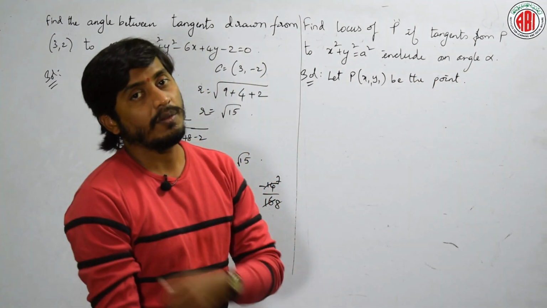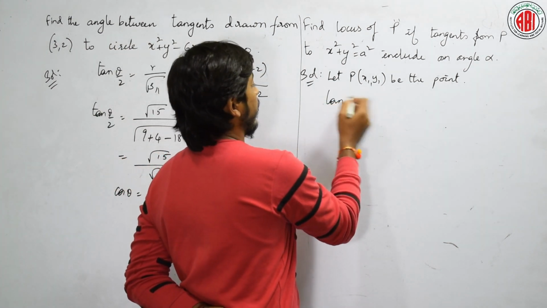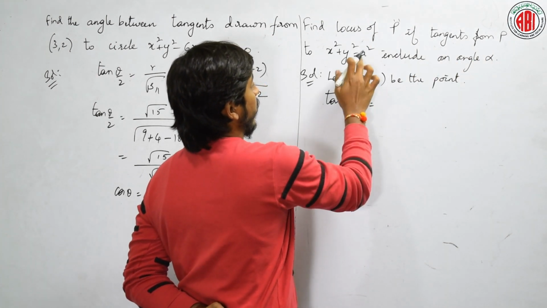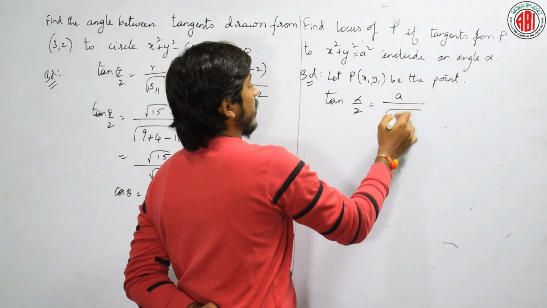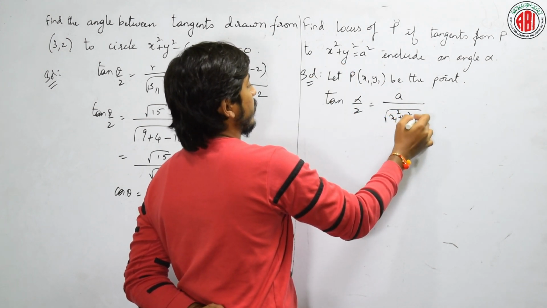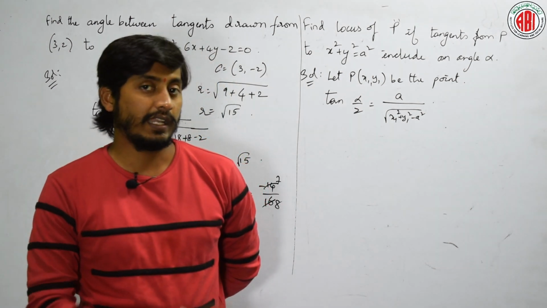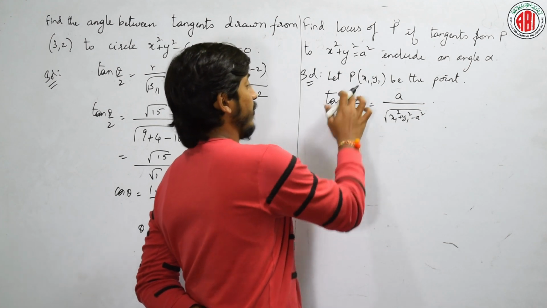What is the formula between two tangents? That is tan theta by 2. What is the theta given here? Alpha by 2 is equal to, radius is a by under root S1, that is x1 square plus y1 square minus a square. Isn't it? Any difficulty in writing that? No, right? Fine. This is tan alpha by 2.